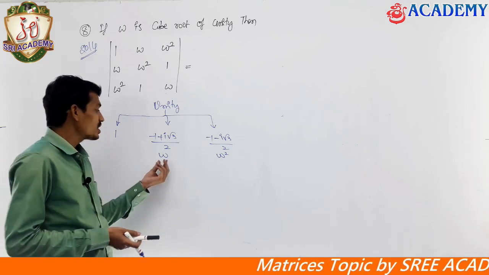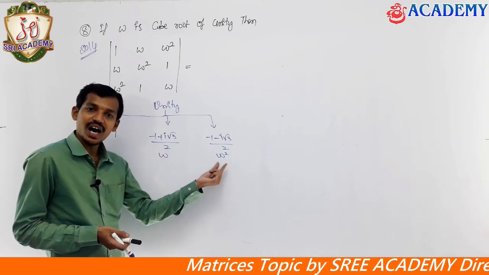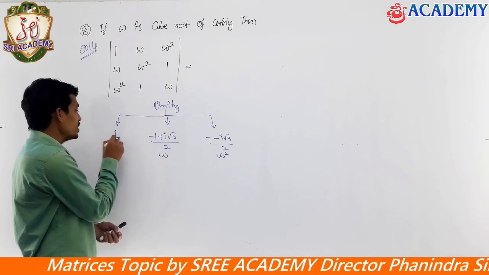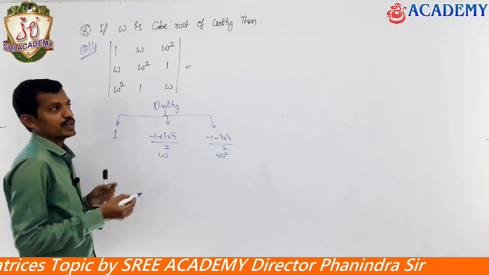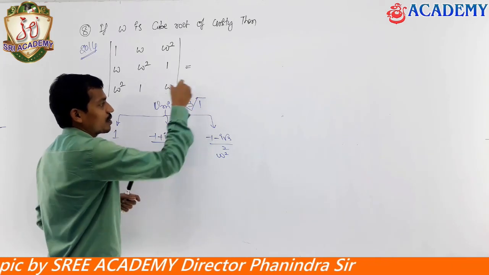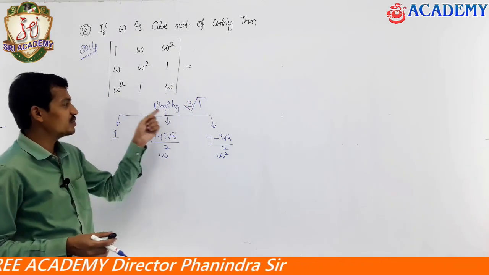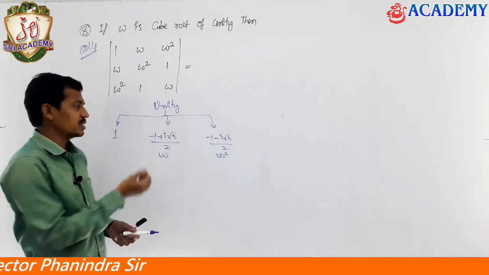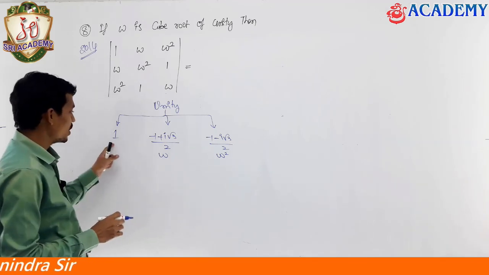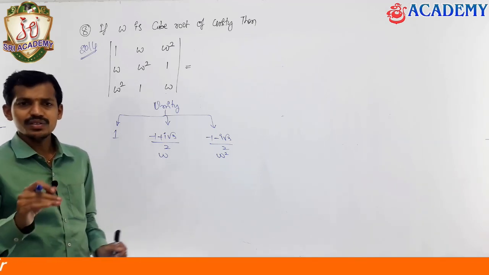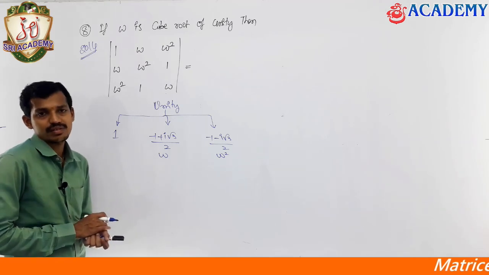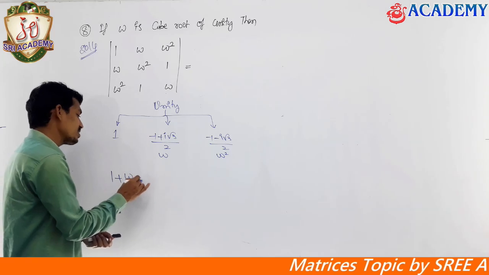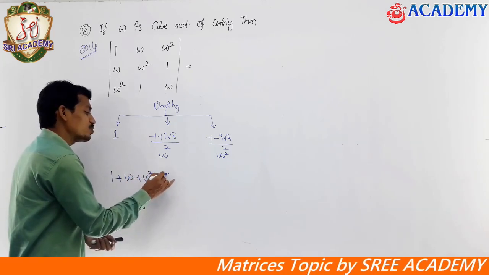The square of this value is going to be this one, or the square of this value is going to be this one. Always 1 is a cube root of unity, and it has 3 roots: 1, omega, omega square. Among their properties, we have one result: 1 plus omega plus omega square equals 0.